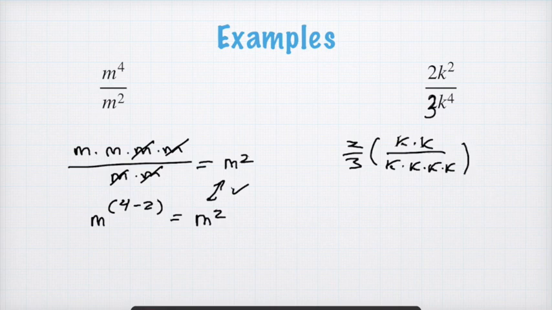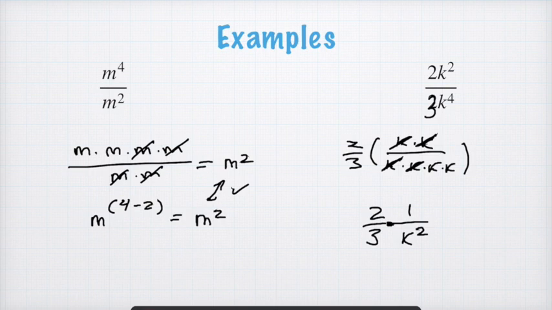We start canceling stuff out here, so one of these k's cancels with one of these k's, one of these k's with one of those, and we'll end up with, and this is going to be a funky one, we'll talk about it later, we keep our 2/3 because that's our coefficient, and what we'll end up with is 2/3 times 1 over k squared.